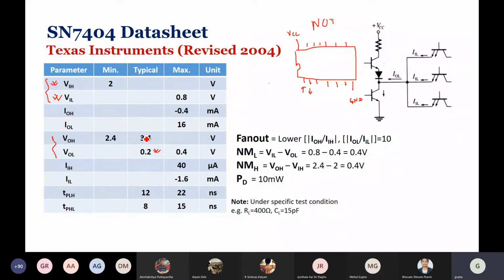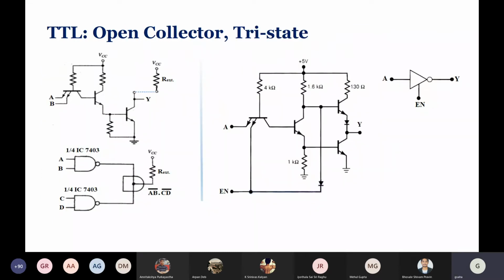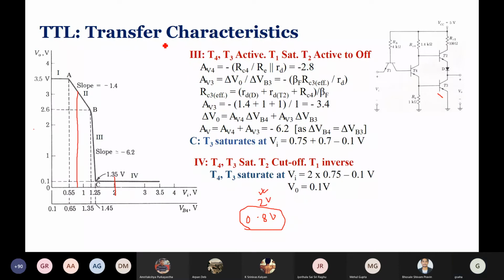But it can go down to 2.4 volt. 2.4 volt is the minimum that they mention. So 2.4 volt is over here.